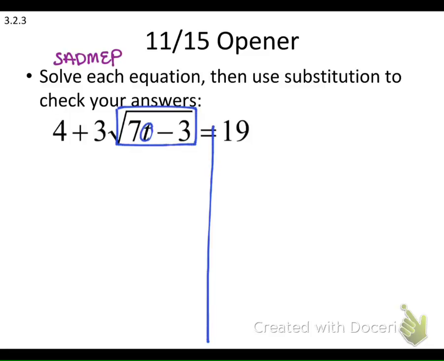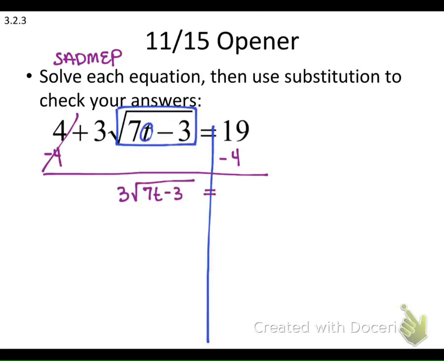Yeah, I subtract it. So whatever I do to one side of the line of equality, I must do to the other. So my 4's cancel. Then on my left side, I still bring down the 3 square root 17 minus 3. My equal sign. And then what's 19 minus 4?